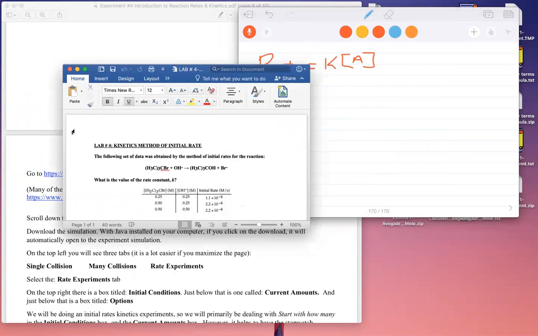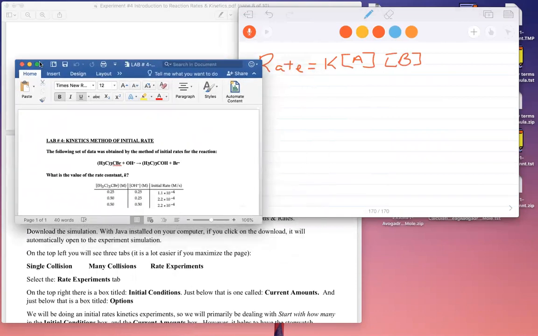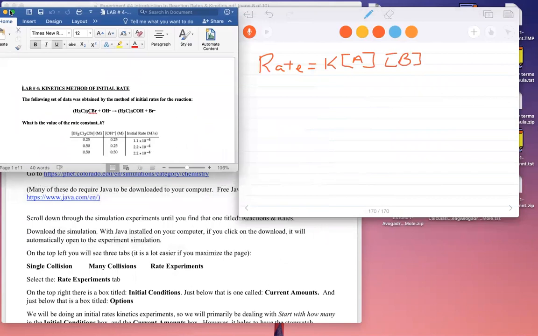Times the concentration of B, which is hydroxide, raised to y. This is x, and this is y. Remember, we are looking for the rate constant, which is k equals question mark. How are we going to find the rate constant?